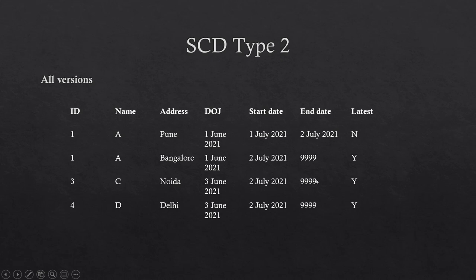That is also possible, but that is a bit of overhead because they have to pick up the records with primary key and then they have to again filter on the record whose end date is 9999. So that is why we have this additional flag. It becomes easy to have a filter on the latest column. Whatever is Y are the latest or the last version of that data. So this is how SCD type 2 is handled.